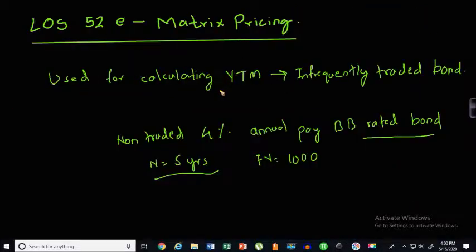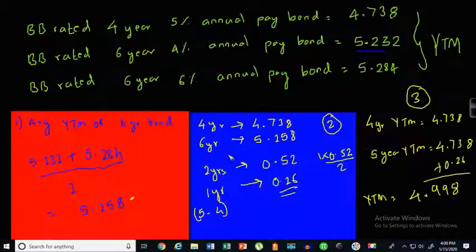First of all, I'm just recapping the entire matrix pricing. It is used for infrequently traded bonds. Then we have this example where the bond is paying me 4%. It is a BB rated bond having a tenor of 5 years. Then we were provided this data of various BB rated bonds, but the tenor was not matching, so we had to do this interpolation exercise.